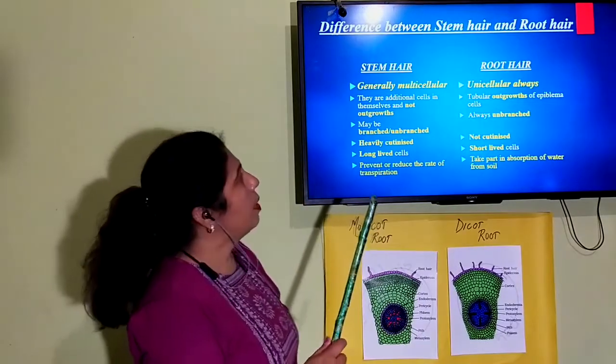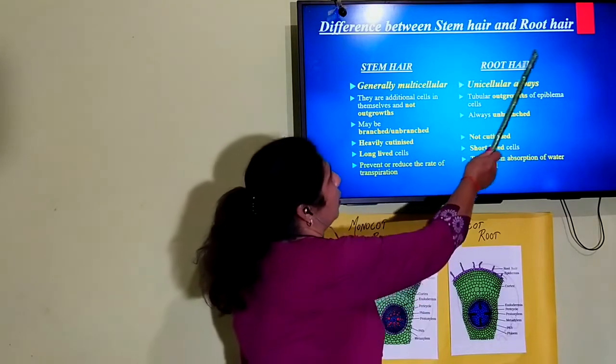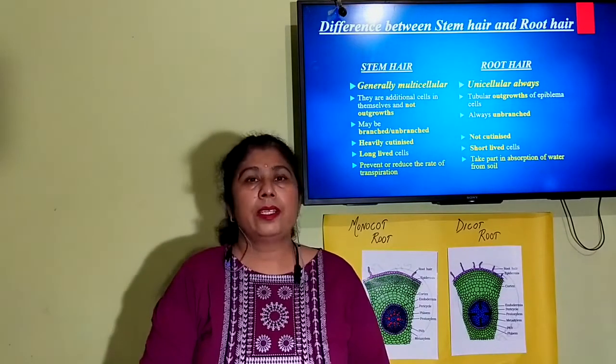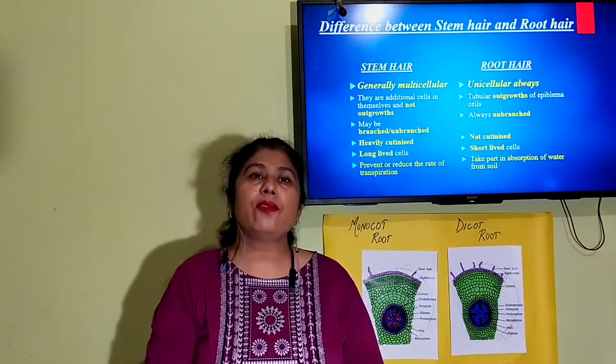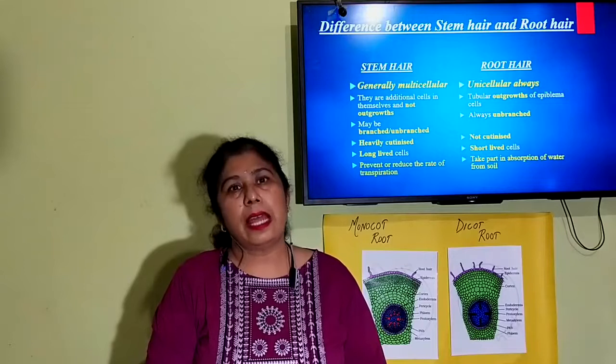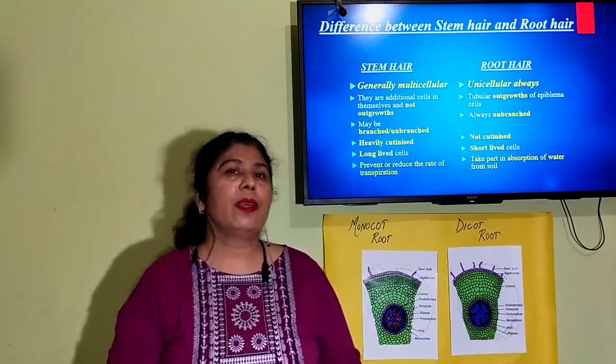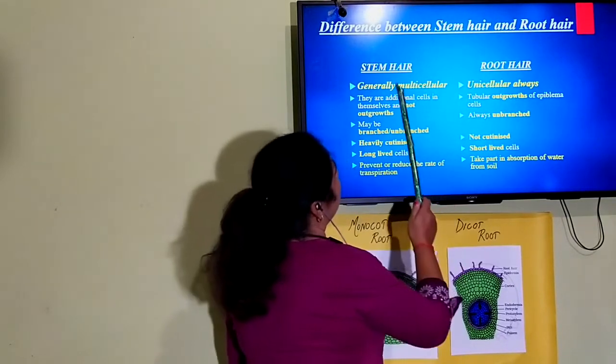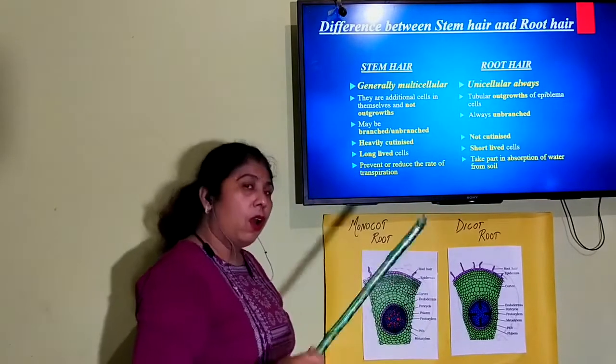Now, we must know about the stem hairs and the root hairs. It is a little bit of knowledge. When we see the slides in the exam, sometimes we cannot recognize the slide of the root and the stem. From here, you can easily recognize the slide. Is it the slide of stem or the root?